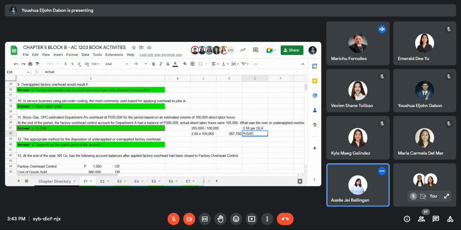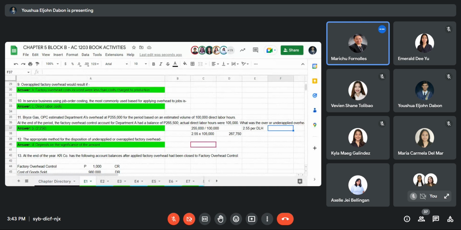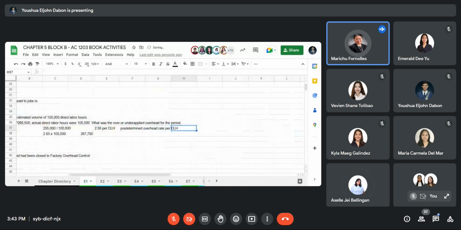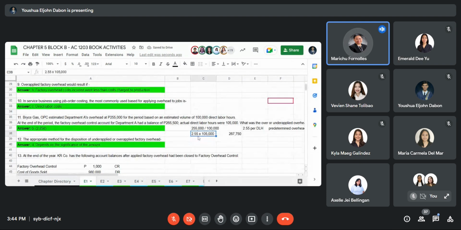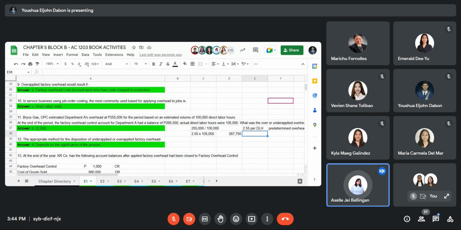When you divided 255,000 pesos by 100,000 direct labor hours, you got 2.55, which is the predetermined overhead rate per direct labor hour, times the actual number of DLH used, 105,000 DLH, will give you the amount of 267,750 pesos as what? As actual overhead. Wrong. Actual what?